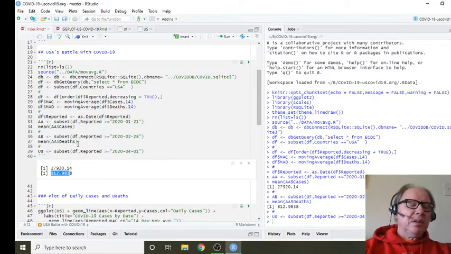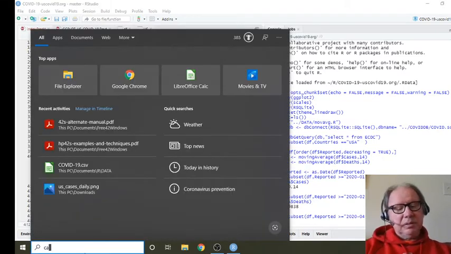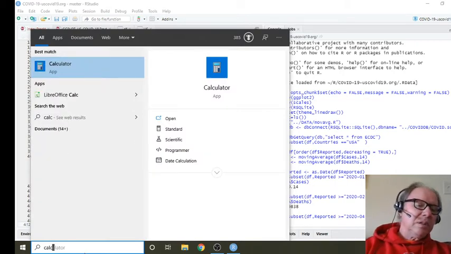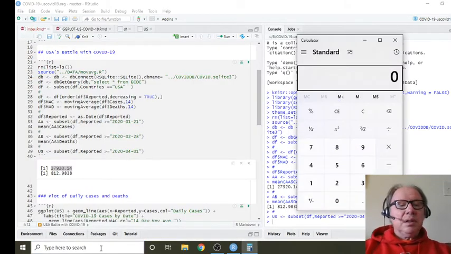Deaths. You can see here, this is the average number of deaths, the mean number of deaths from February 28th of this year up until September 22nd. So we're averaging only 813 deaths per day. And we currently have averaging 27,920 cases a day, which gives us... does this actually work?